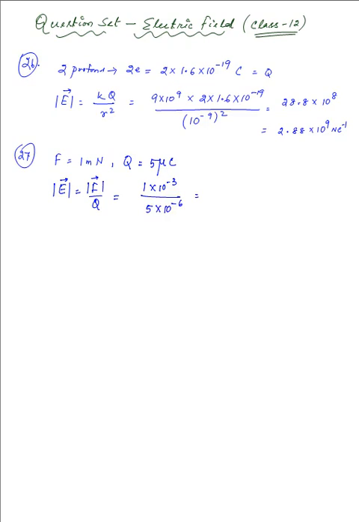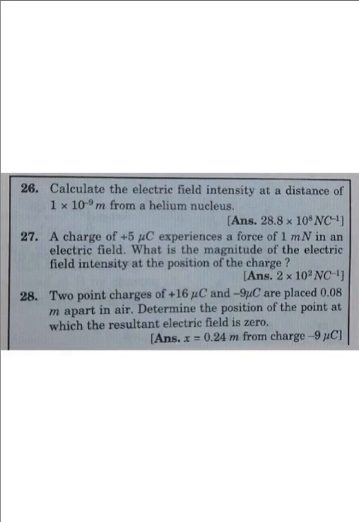And the value that we obtain from this is 1 over 5, which is 0.2, and then we have 10 raised to the power 3 Newton per coulomb, or that is equal to 200 Newton per coulomb. That is the value of the electric field that we have. That is exactly what we have obtained as the answer.